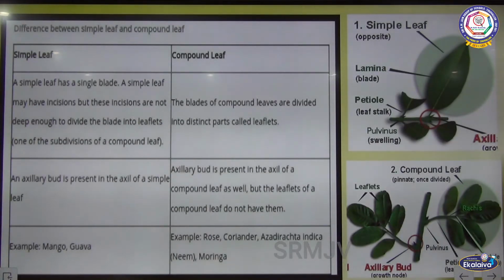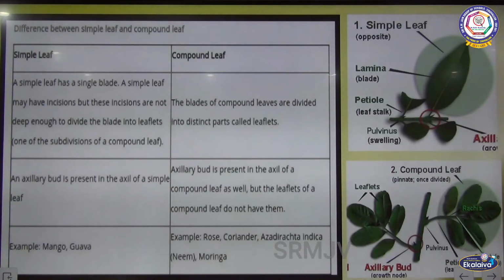And in a compound leaf, the blades are divided into distinct parts, which you call leaflets. An axillary bud is present in the axil of a simple leaf, whereas in a compound leaf, the axillary bud is present at the base of the rachis, but the leaflets do not have them.